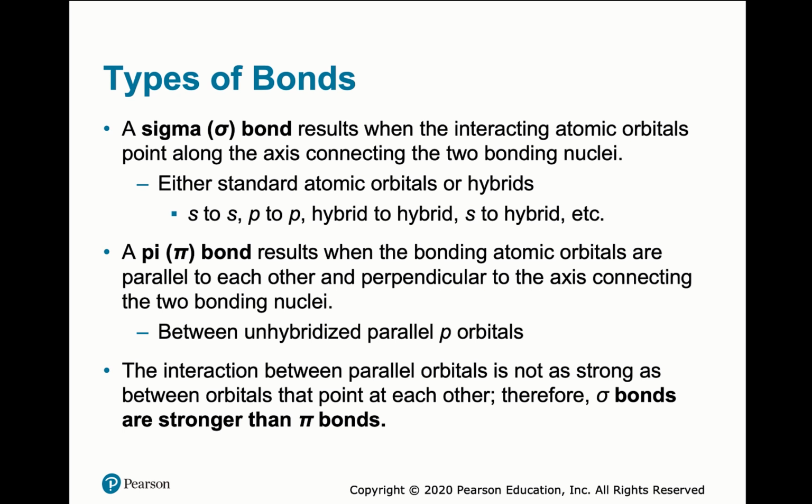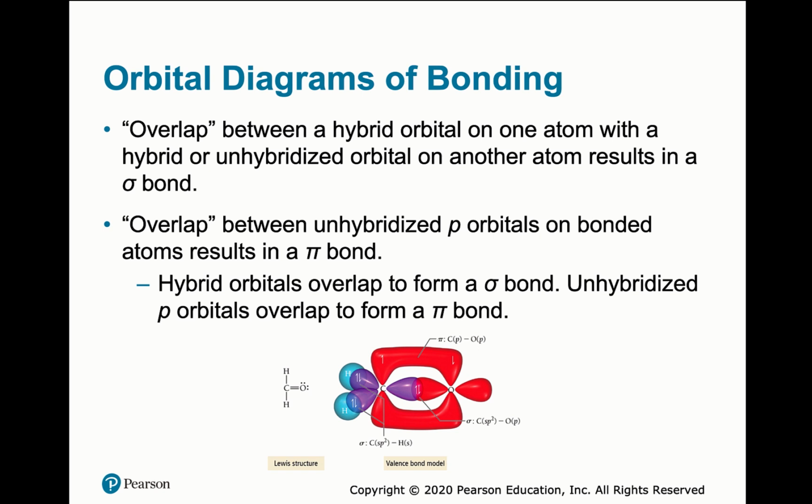And generally speaking, sigma bonds are stronger than pi bonds. Pi bonds are strong, but they're not as strong as sigma. And the overlap between a hybrid orbital of one atom with a hybridized or unhybridized orbital is a sigma bond. And the unhybridized p orbitals form the pi bonds.